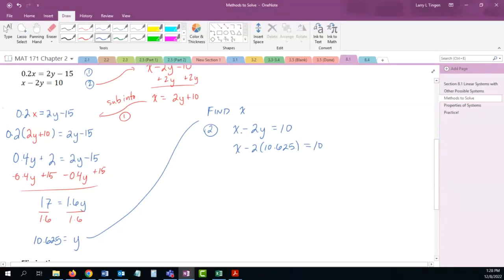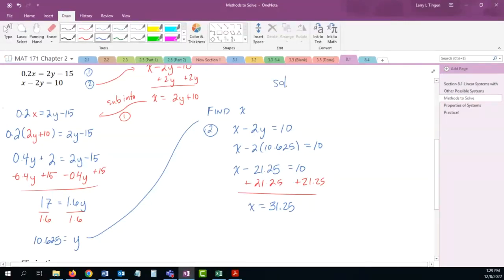And now I have one equation, one variable. x minus 10.625 times 2 is 21.25. And then get x totally by itself, plus 21.25 on both sides. We find x to be 31.25.